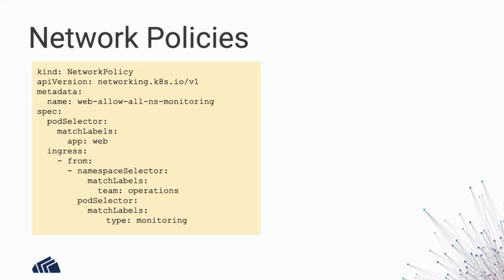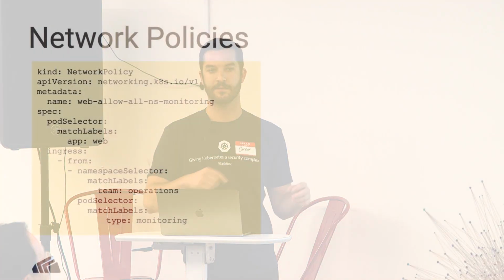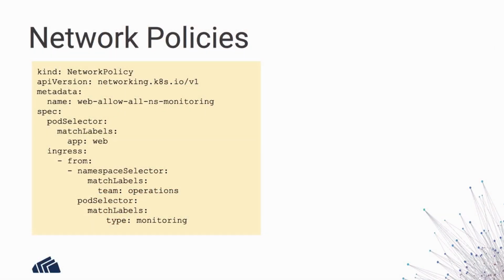And then the ingress is saying what can talk to it, right? So in this case, you could imagine you have Prometheus running that is scraping endpoints in different namespaces. And what this will do is allow anything from the operations namespace of type monitoring. So that could be a Prometheus server that we have running, and it'll be able to scrape application web. And I'm just defining exactly that path between that namespace and my web application, and just restricting the traffic.